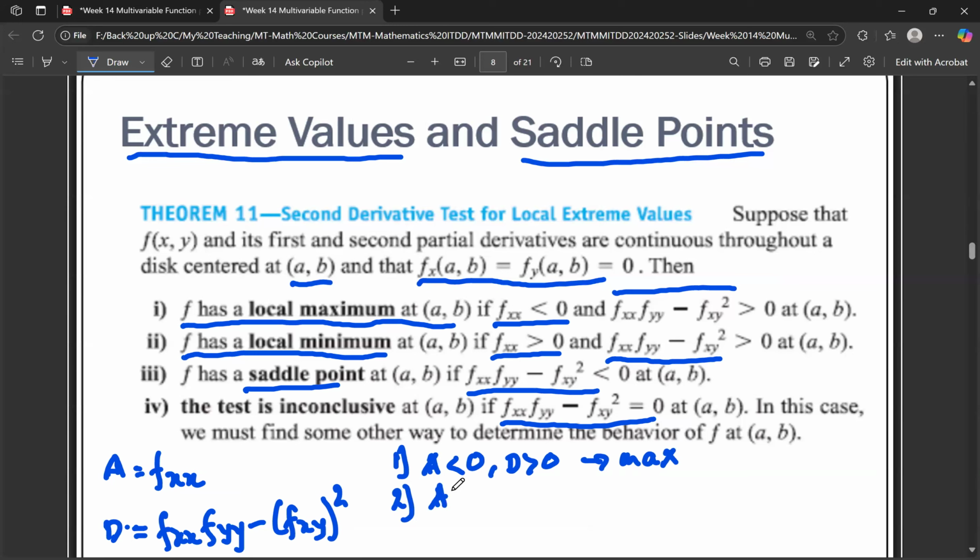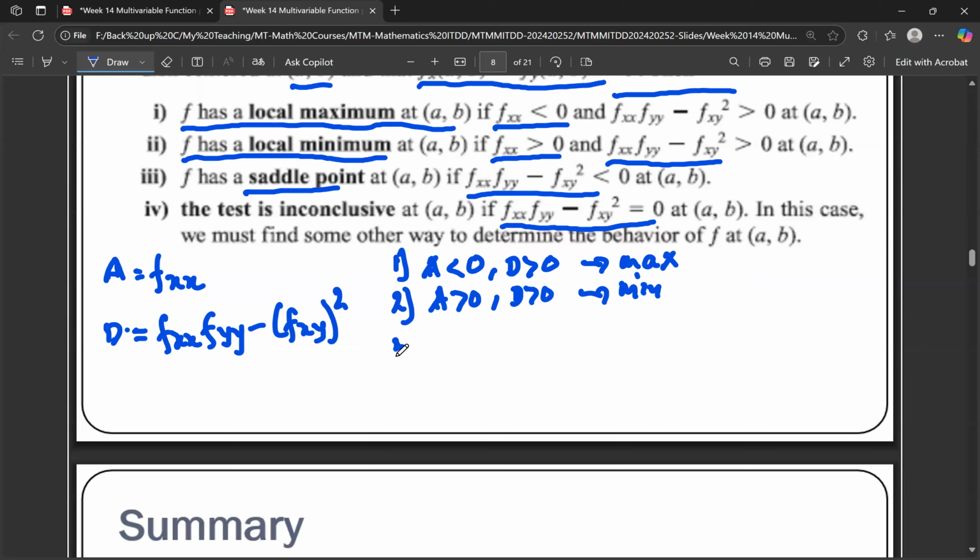Two, A greater than 0 and D greater than 0 gives a minimum. Three, D less than 0 gives a saddle point. And four, D equal to 0 is inconclusive.